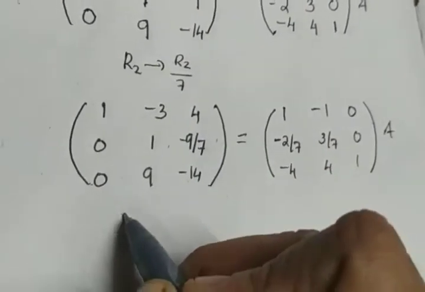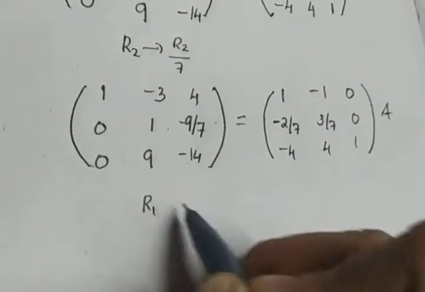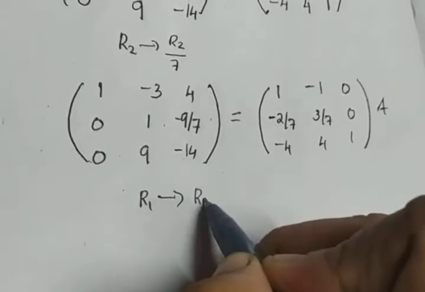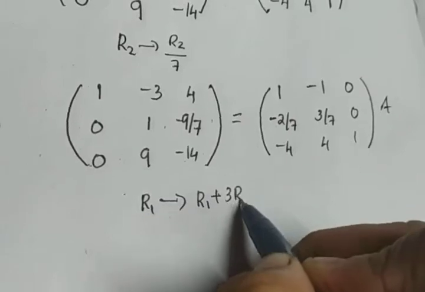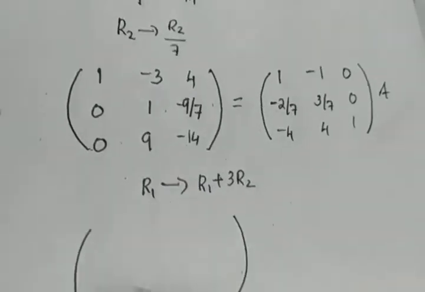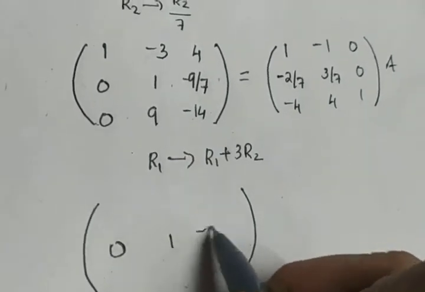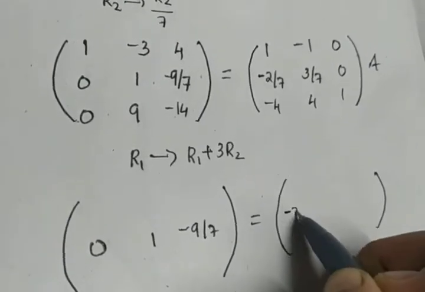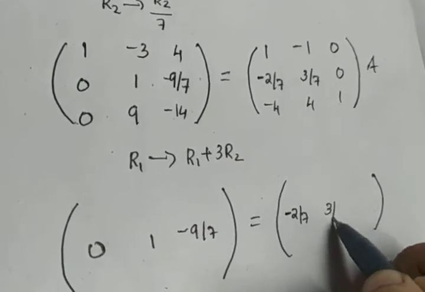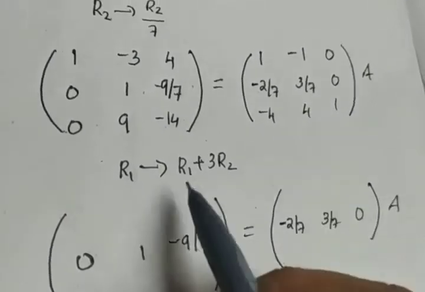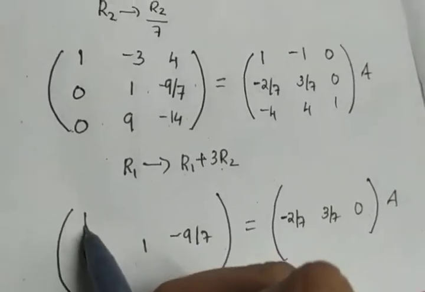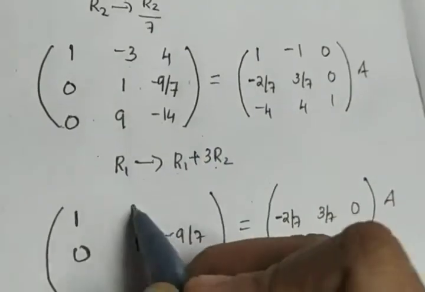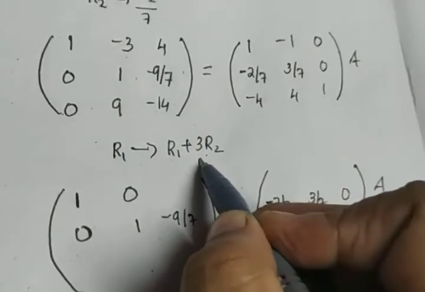Again what we have to do is we have to make this -3 to 0. So we will change R1. R1 changes to R1 plus 3 R2. So what we get is second row remains the same, -9 by 7. Here also second row remains the same, -2 by 7, 3 by 7, 0, into A. So R1 plus 3 R2, this one will not change. This becomes 0. Why? Because that is how we apply the transformation.